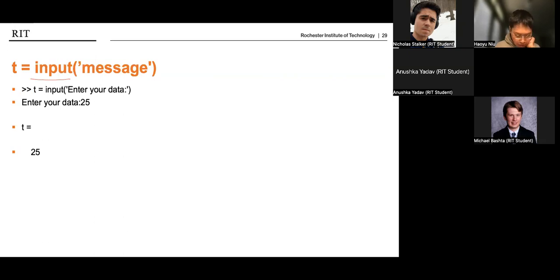For example, if you type enter your data in your command window, it will display enter your data, and it will wait for an input from the keyboard followed by the enter or return key. If you type 25, it will save the value 25 in the variable you created, which is t in this function.